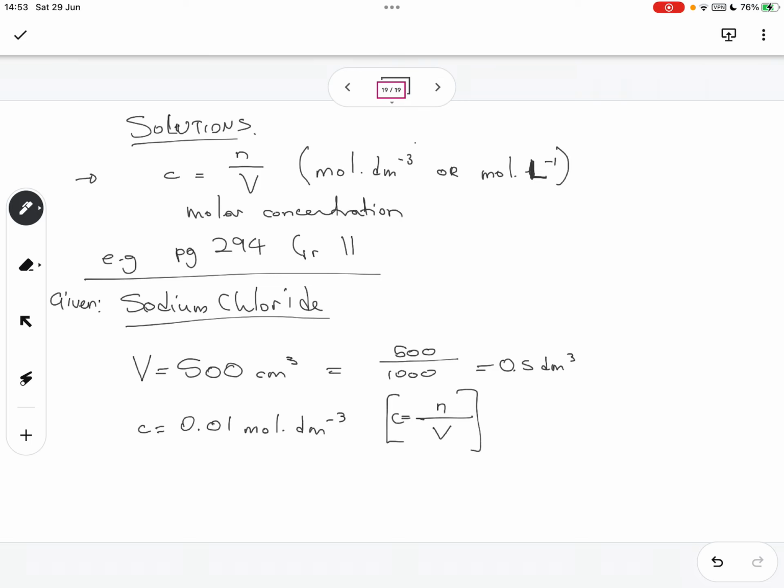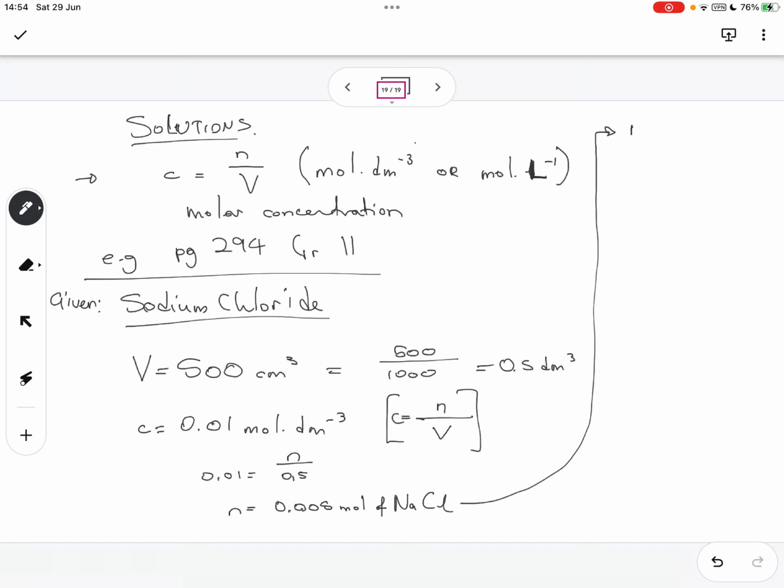We must first find the number of moles, and then we'll be able to find the mass of the sodium chloride that we need. So we're going to work in reverse using this information, then calculate the molar mass, then we can find the mass. So the concentration, 0.01, equals number of moles divided by volume, which is 0.5. Then the number of moles is 0.005 moles of sodium chloride.